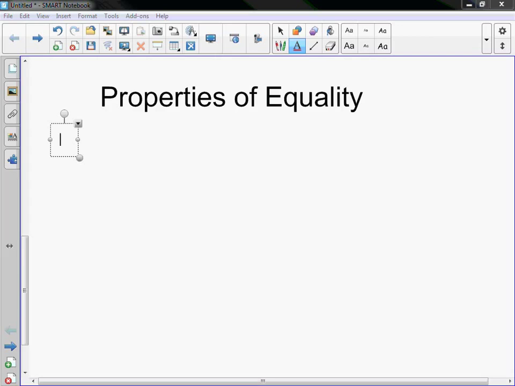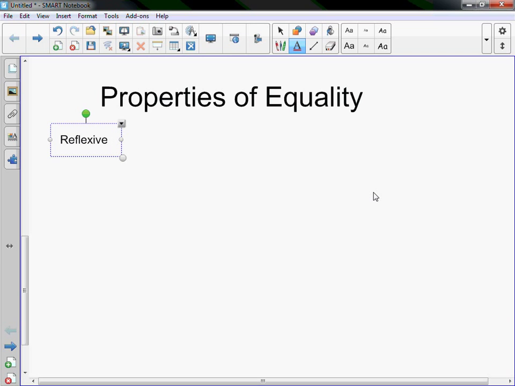Okay, let's talk about properties of equality. These have an equal sign in them, or an equation, instead of just the number values. The first one we're going to talk about is the reflexive property of equality.